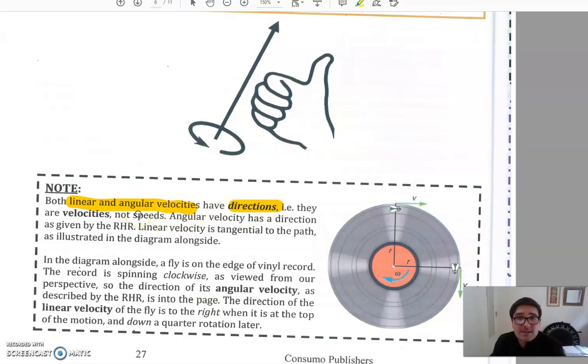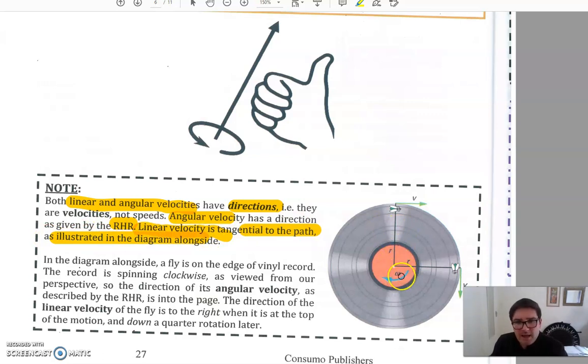They are velocities and not speeds, and therefore they are vector quantities which have both magnitude and direction. So our angular velocity has a direction which is given by the right hand rule, whilst our linear velocity is tangential to the path as illustrated in the diagram alongside.